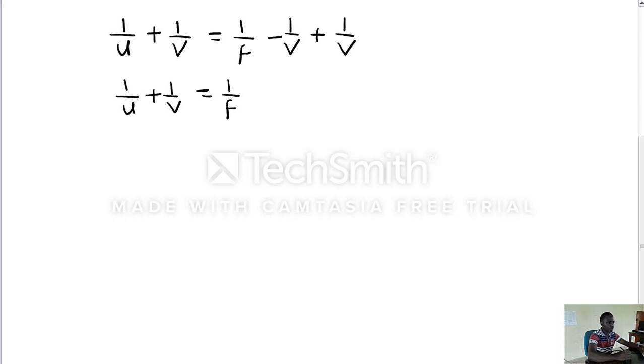I'm equally going to move 1 over u to the other side of the equation. And how am I going to do that? I'll do that by subtracting 1 over u from both sides of the equation.